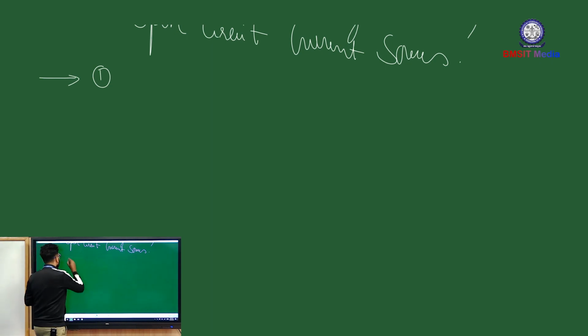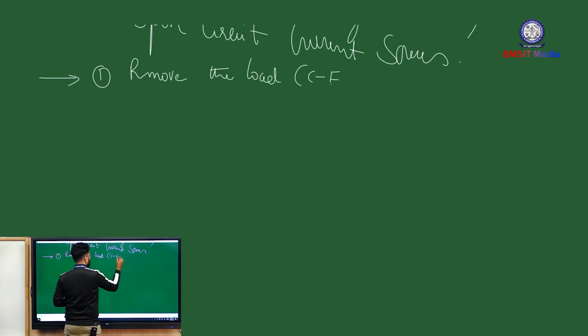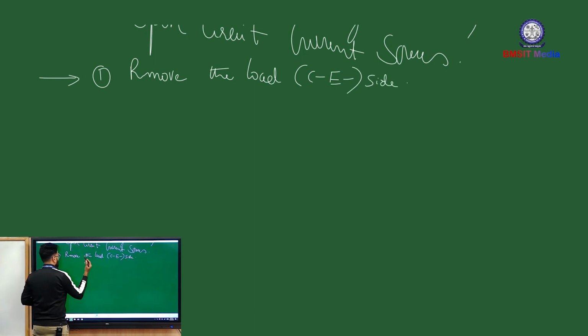The first step is to remove the load. What do you mean by load? Load is nothing but the CE side. After removing the load, the circuit looks something like this.